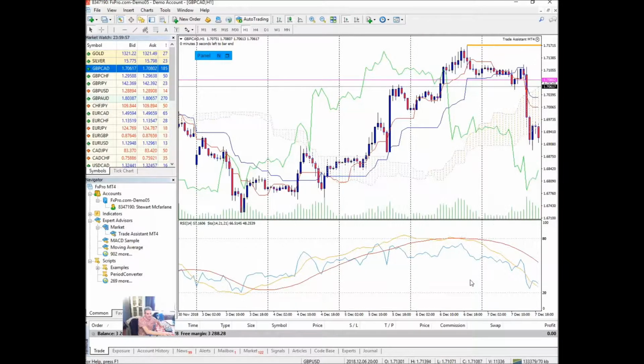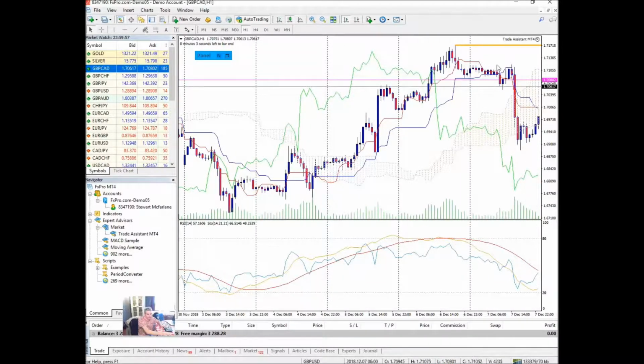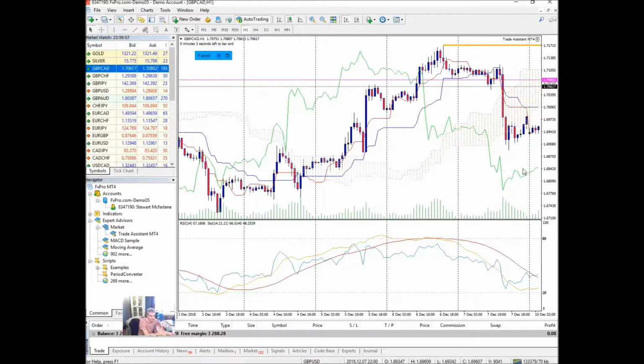So this is quite a nice clinical position. We come into the Ichimoku cloud and we could take profit here. It's quite a nice little move there for us.